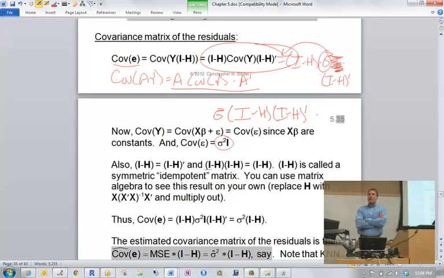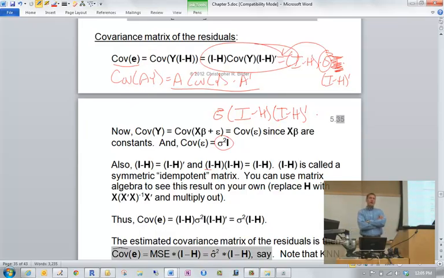Then we have two other simplifications that occur. I urge you to actually look at an I minus H matrix yourself for any example that we do in class or some other data set. You will notice two qualities about this matrix that always hold. First of all, I minus H is always going to be symmetric.